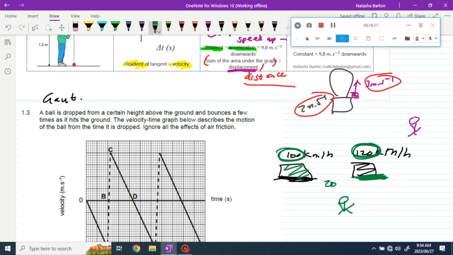Have you ever sat in a bus or a car and there's a big bus next to you and suddenly the car next to you takes off? It feels as though the car is moving back, but actually it is just moving forward. It's all about your frame of reference. What am I observing and what do I see from that frame of reference? So that is what this is about, but I don't want you guys to panic about it.